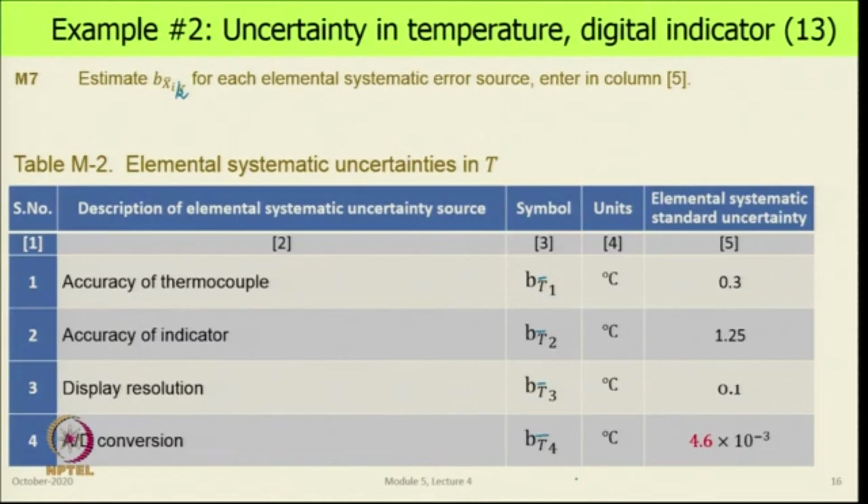So, we got all the things in one go, and just by looking at it, now we start seeing some interesting things, that this value is 0.0046, much less than any of these 3. So, A to D conversion, we could even say that I can neglect this.